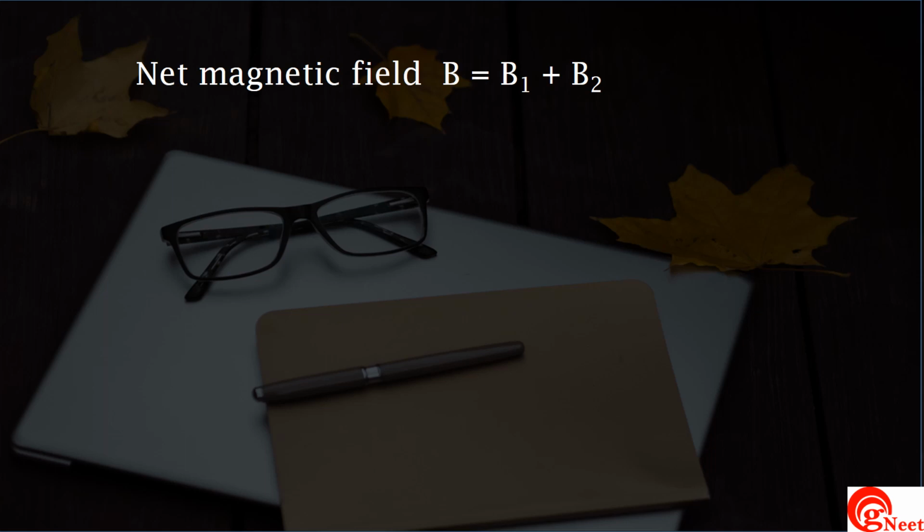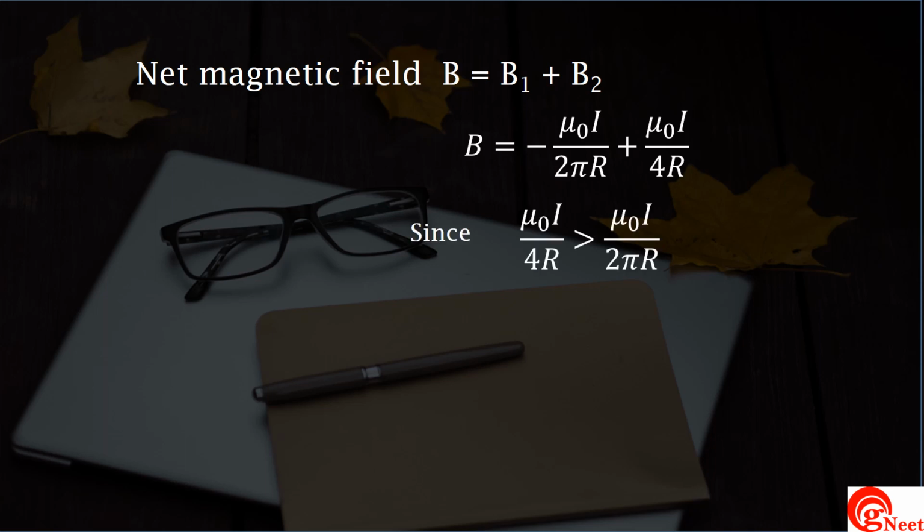single turn loop. When we add these contributions together, B1 plus B2, we get B is equal to minus mu0 I upon 2 pi r plus mu0 I upon 4r. As 2 pi is equal to 6.28, the denominator of mu0 I upon 2 pi r is greater than the denominator of mu0 I upon 4r.